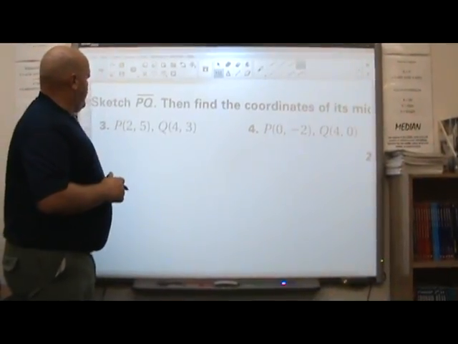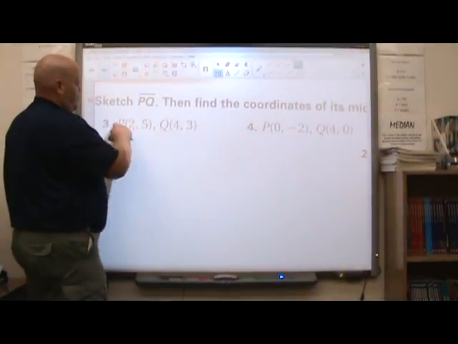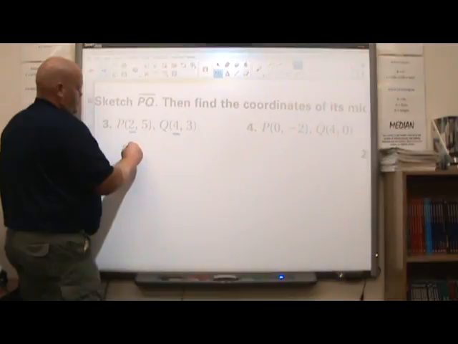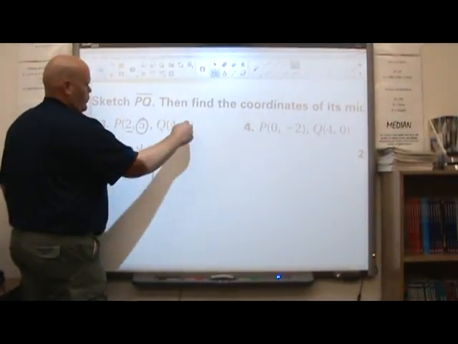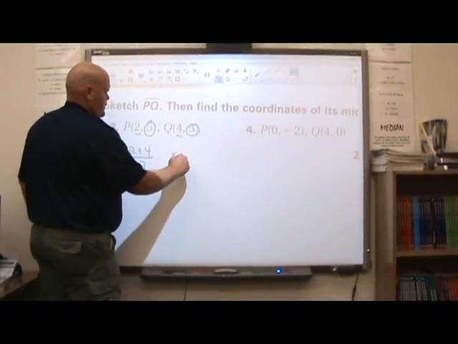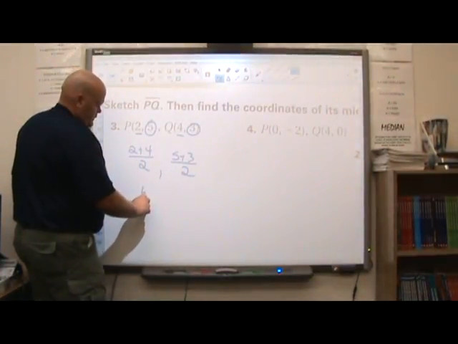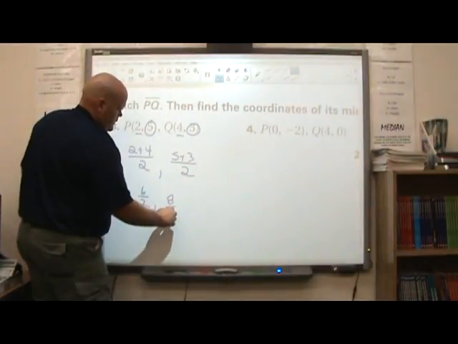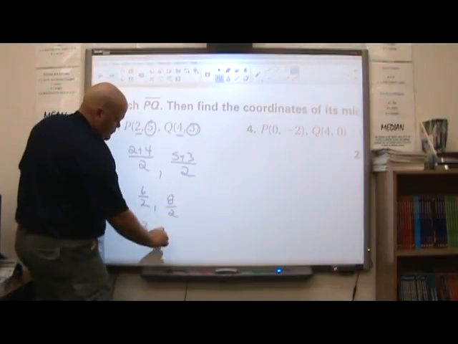We're going to try a couple now. Here we have received just the coordinates of the two points, P and Q. So we're going to take the x's, 2 plus 4, dividing by 2. Then we take the y points, 5 plus 3, dividing those by 2. 2 plus 4 is of course 6, 5 plus 3 is 8. 6 divided by 2 is 3, 8 divided by 2 is 4.